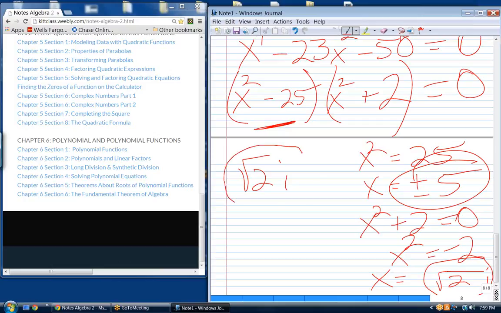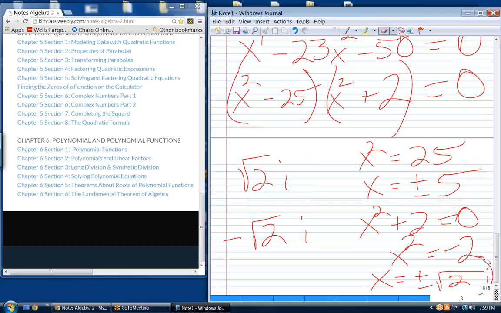So if that is one solution, there has to be another solution, minus root 2I. And if we would have remembered to put the plus or minus on it, we would have had both of them. Okay? So when you're solving a quartic, look for 4 solutions. You will always find them.